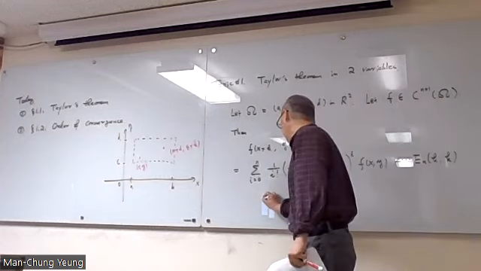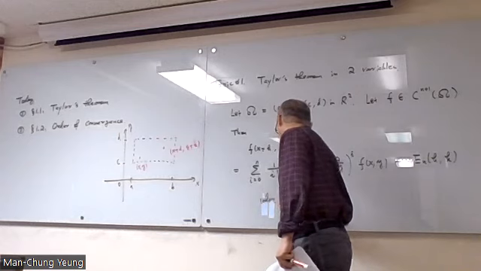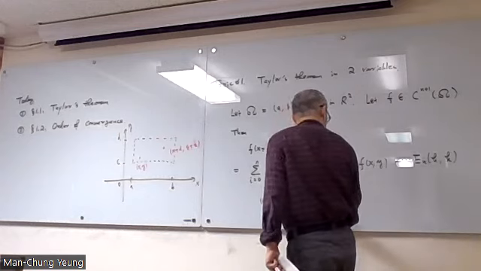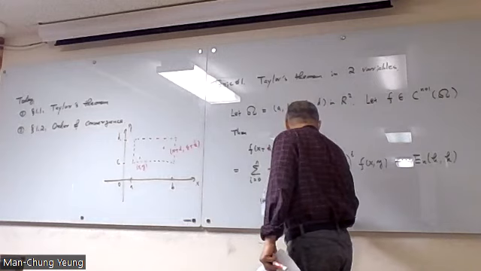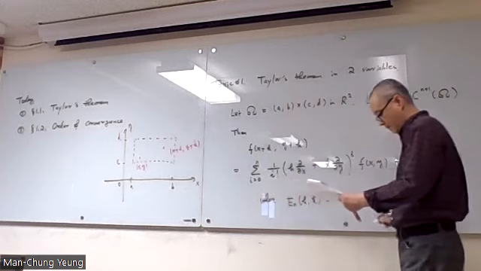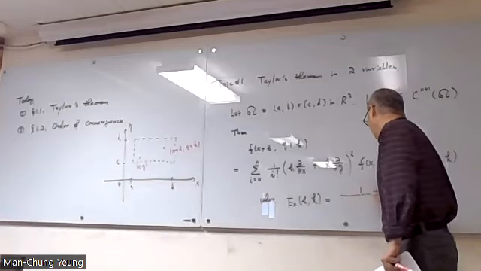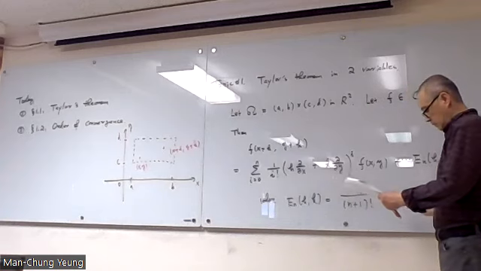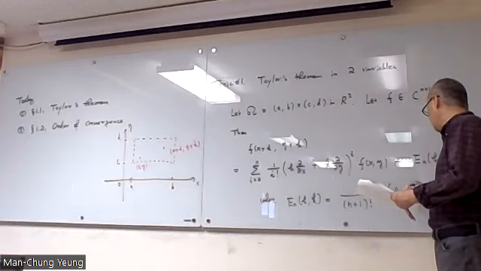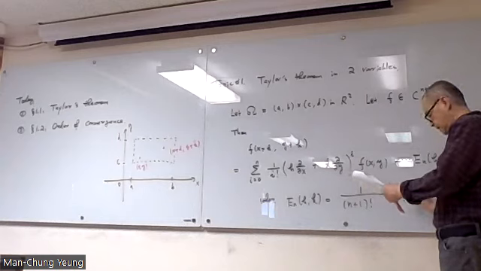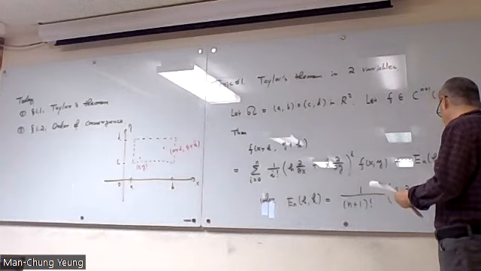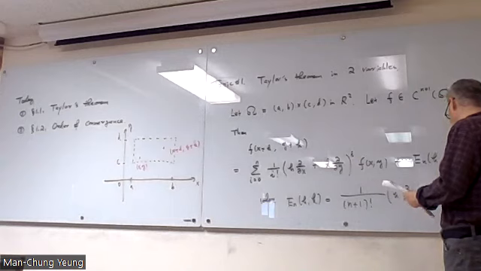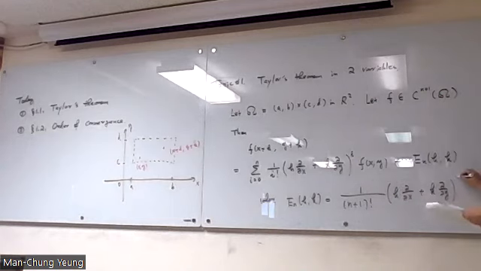The Euler term R sub n of h, k is 1 over n plus 1 factorial, then h partial x plus k partial y, where the power is n plus 1, applied to function f.